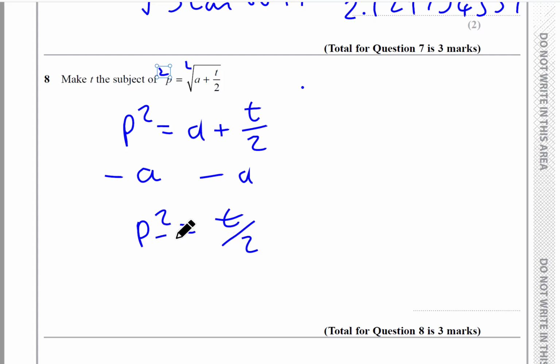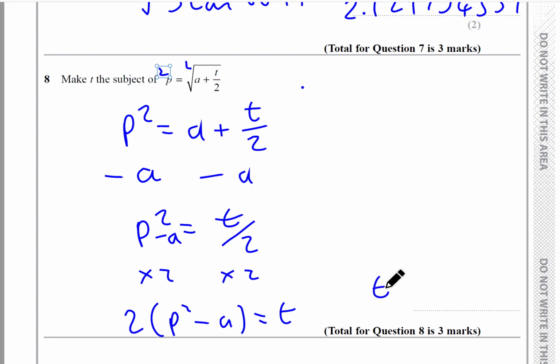And let's not forget the minus a. I'm going to multiply both sides by 2. That's going to be a bracket. And you can expand that, but that should be perfectly acceptable. And that's another easy 3 marks.